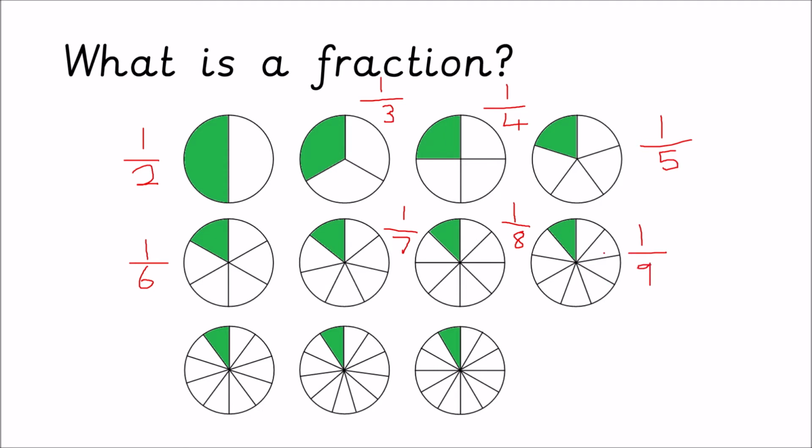Very important those pieces are equal sized. And here I believe we'll just do a quick count. Pretty sure this will be tenths. 1, 2, 3, 4, 5, 6, 7, 8, 9, 10. Yep, so we're tenths. We're out of 10. 1 out of 10, which is 1/10. Here we have 1 out of 11, 1/11, and here 1/12. 1 piece out of 12 is coloured in.